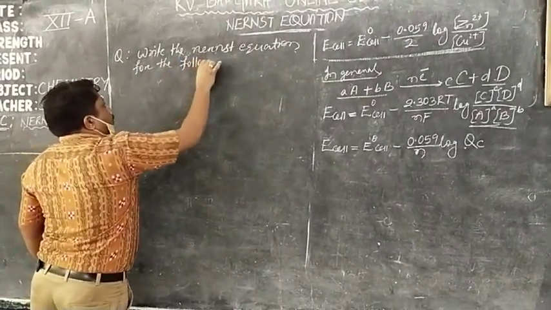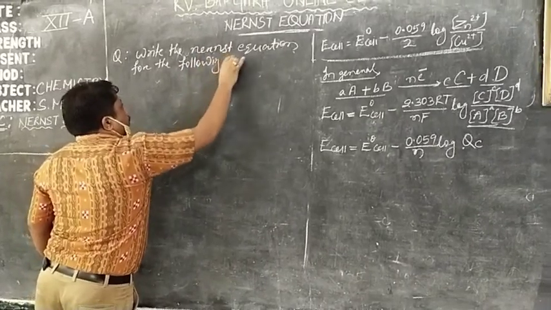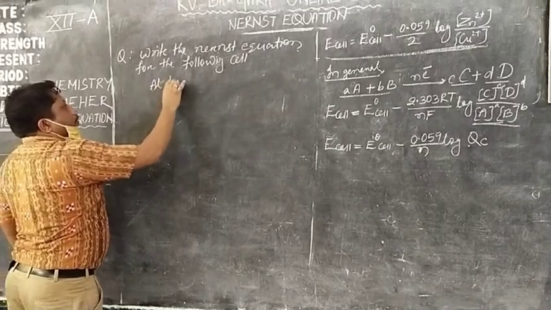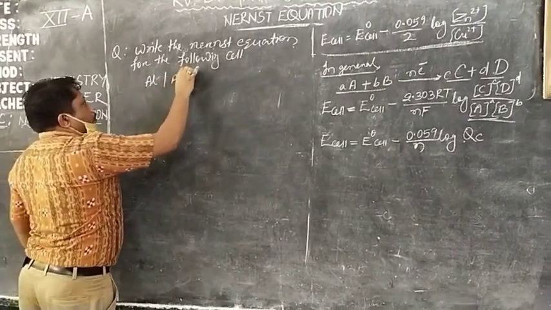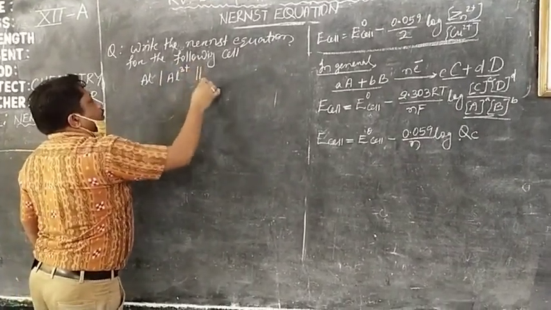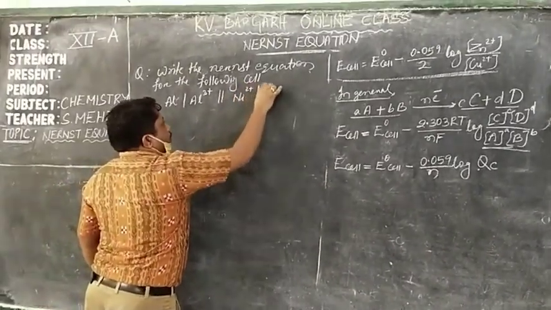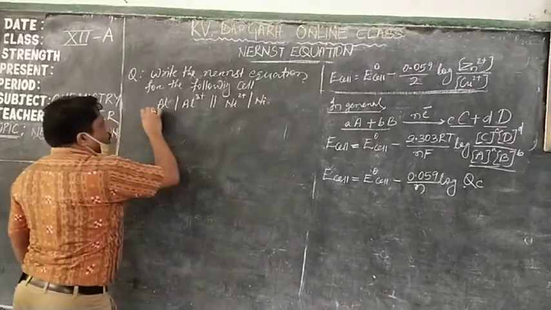Aluminium slash aluminium ion, double slash nickel 2 plus slash nickel. Write the Nernst equation for this cell.